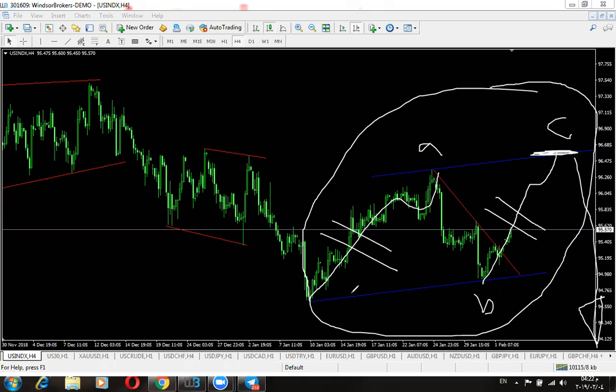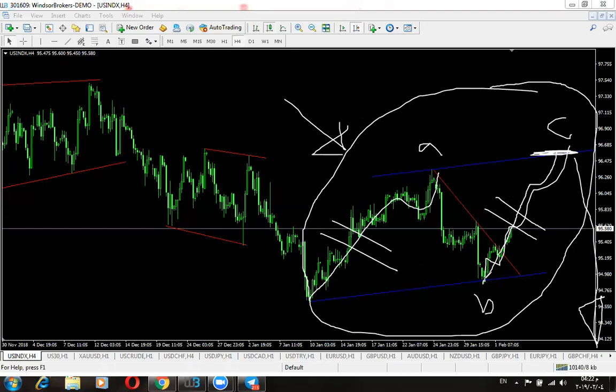The possibilities for this corrective structure are either a regular flat or a zigzag. So we might count 5 waves to this area, 1, 2, 3, 4, 5 to the upside, or we see ABC. So a regular flat is a must at this area.